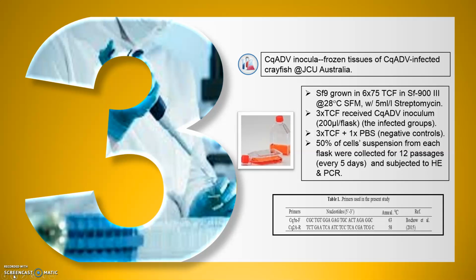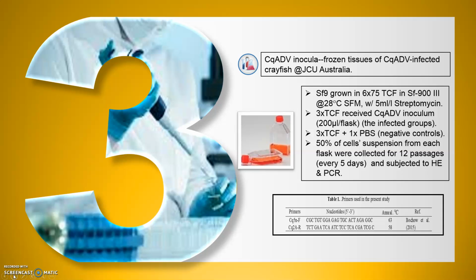We used serum-free media and added streptomycin. We divided the tissue culture flasks into two groups. The first group received CqADV inocula and we call it the infected group, whereas the other group was the negative control, to which we added only 1x PBS.